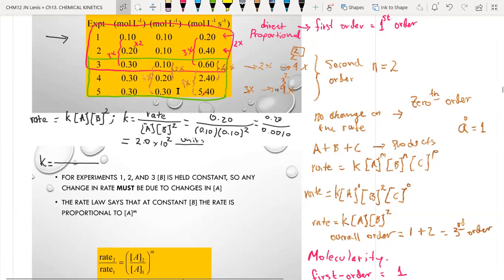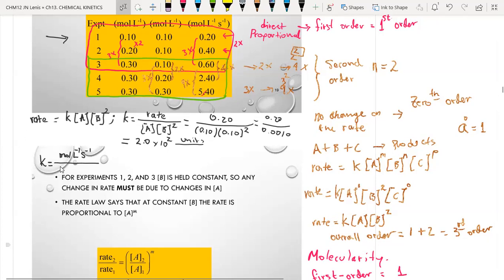What are the units of rate? It is given here on top. So on top goes moles per liter per second, that's moles liters to the -1 seconds to the -1. Those are the units of the rate. Now on the bottom, what do we have? We have concentration of A. What is the unit of concentration of A?